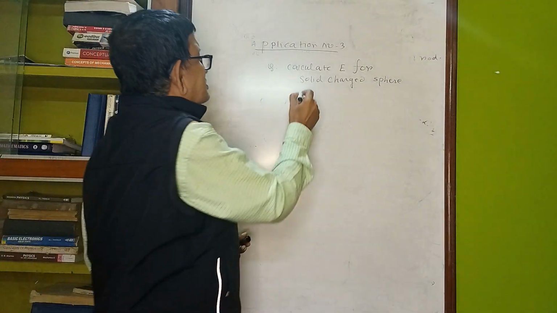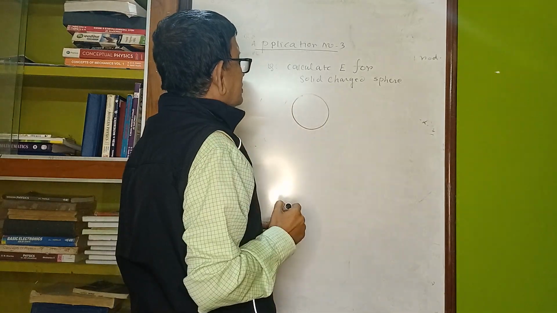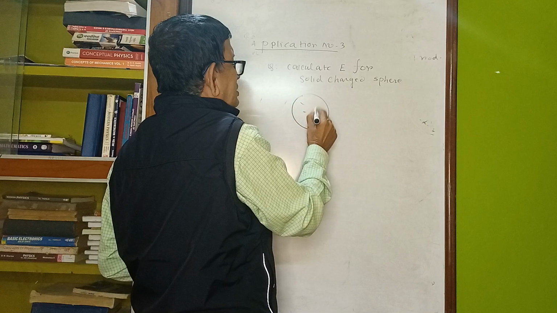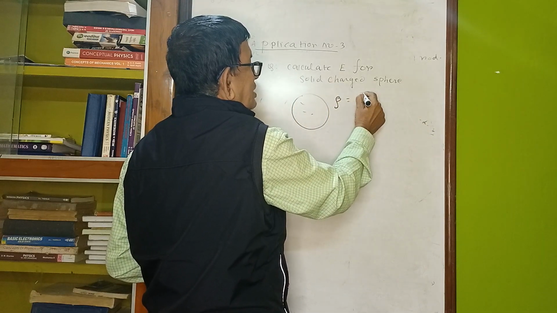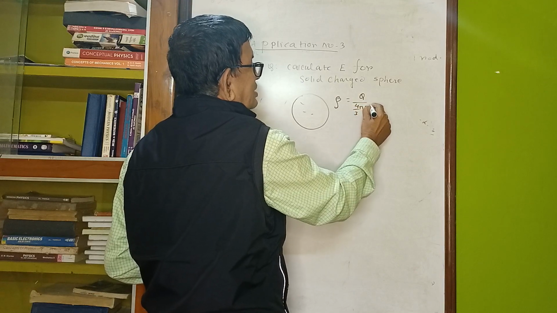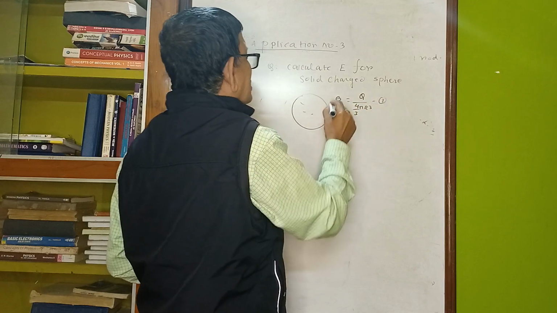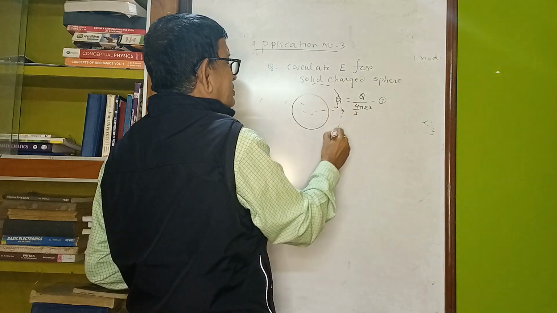Clear? Suppose this is the sphere. If it is solid, the charge density rho equals total charge Q by 4 by 3 pi R cube. That is the charge density. Clear? If you consider a point P, draw a Gaussian surface.